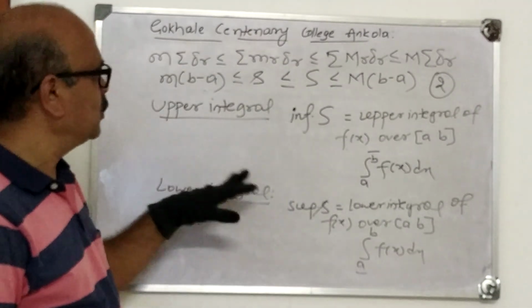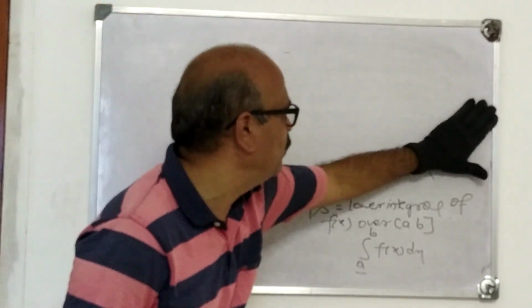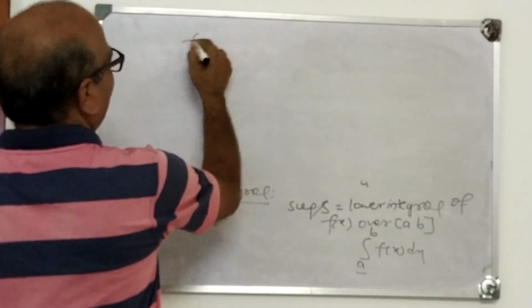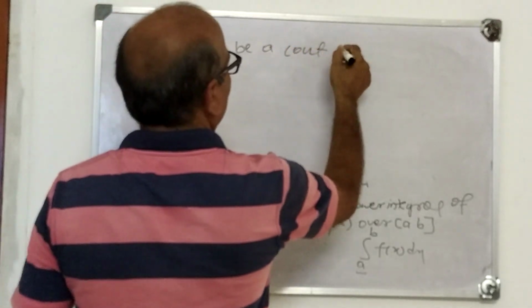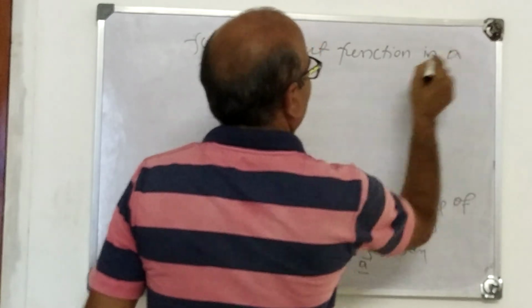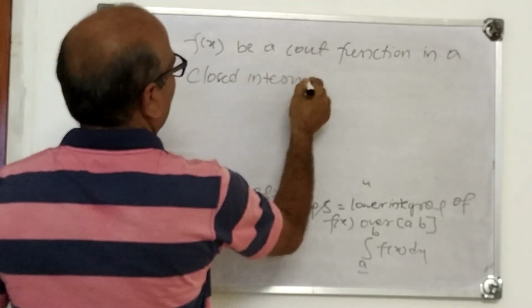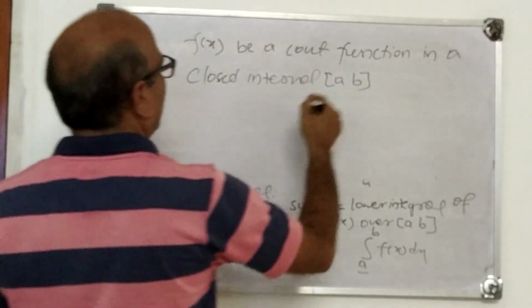Upper and lower integrals. Now we define what is Riemann integral. Suppose f(x) is a continuous function in a closed interval [a,b], and bounded.